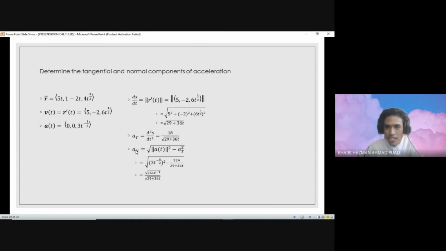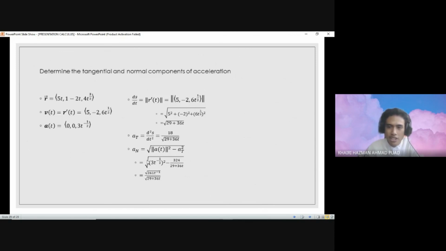And then we get square root of 29 plus 36t. Substituting into a_T, we get 18 over square root of 29 plus 36t.